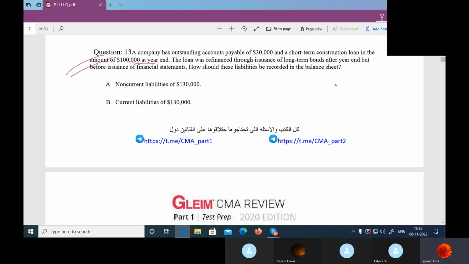The 30,000 is a current liability, anyone can say. It's a short-term construction loan in this amount at year end. The loan was refinanced through issue of long-term bonds after year end, but before issue of financial statements. Total current liabilities of 1,30,000.